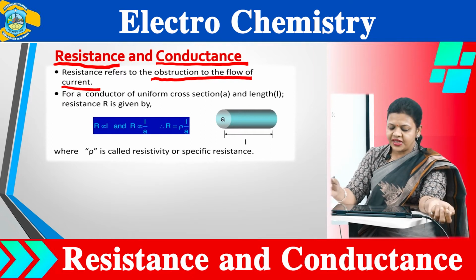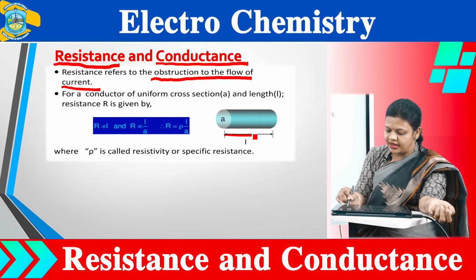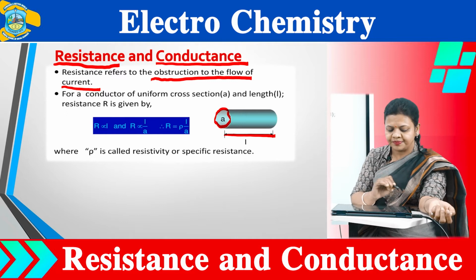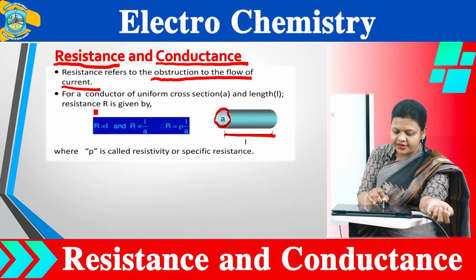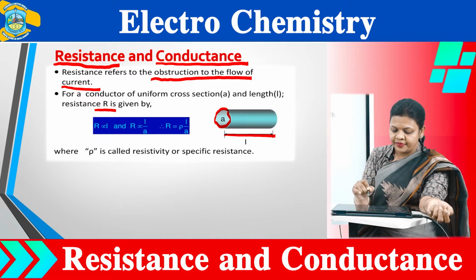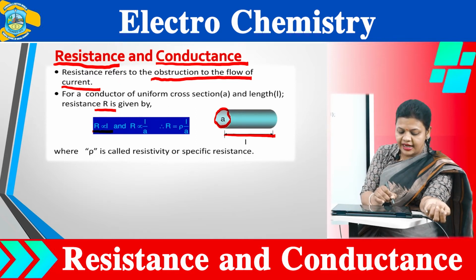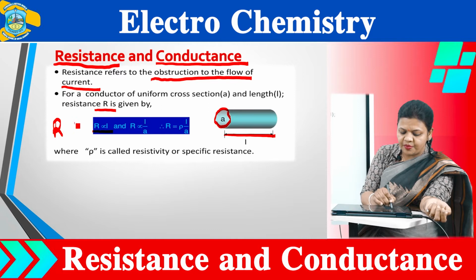So, if we take an example of a conductor of length L, this is the length, and the cross-sectional area is represented by small a, then resistance capital R is given by its relation that R is directly proportional to length and it is inversely proportional to cross-sectional area.